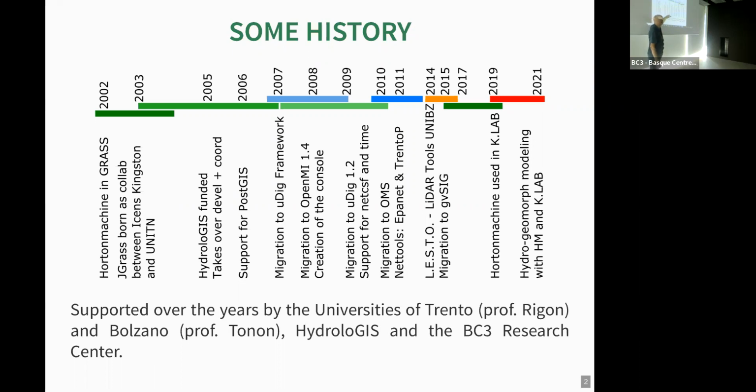So it was uDig and at some point gvSIG, because the language was the same. But in between, we still followed that thing that was so important for us: to create shareable models. It was very important to be able to stay in our domain, create models in our domain, but then be able to link them to, we were basically geomorphology and surface water.